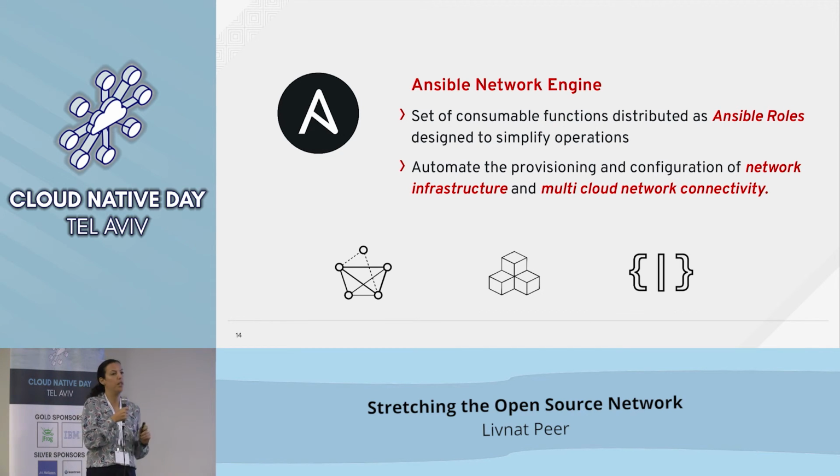So, for example, if we need to set up the cloud and we need to configure our top of the rack switch, or we need to set up our router, then we have playbooks written by the providers. So it's an abstraction layer on top of, for example, Cisco playbooks and Juniper playbooks and Arista playbooks. So you can just use the Ansible network engine to configure the underlay in some cases.